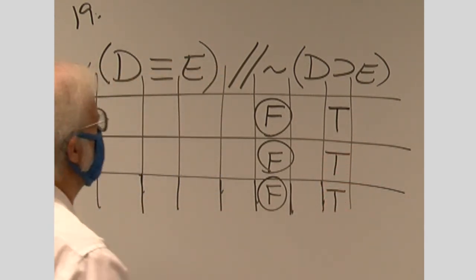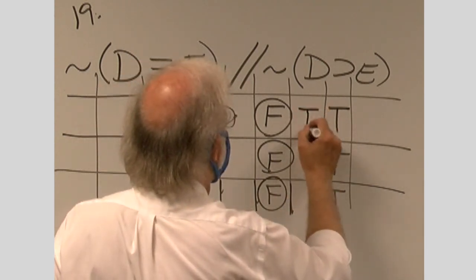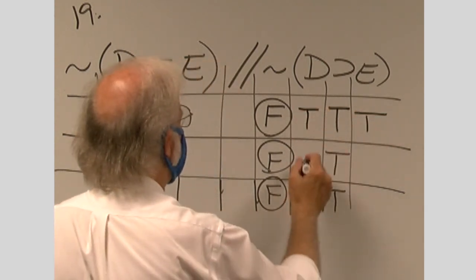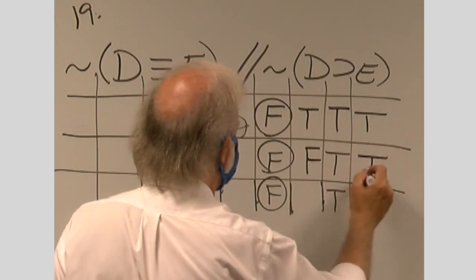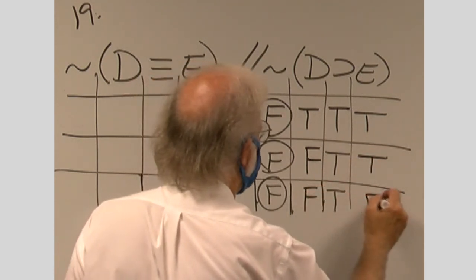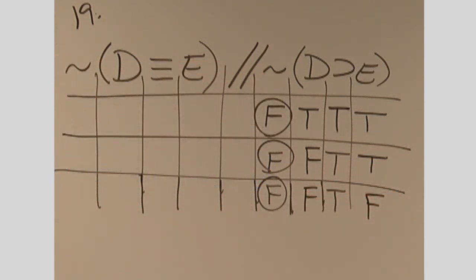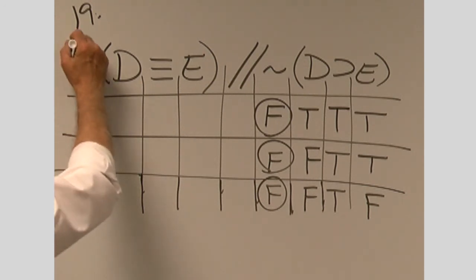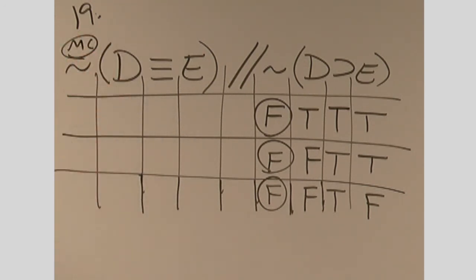How could it be true? If it were true horseshoe true, or false horseshoe true, or false horseshoe false. Those are the 3 combinations. Hopefully we won't have to use them all. Let's just take it 1 row at a time. Now looking at the sole premise here, we see the main connective is that tilde.